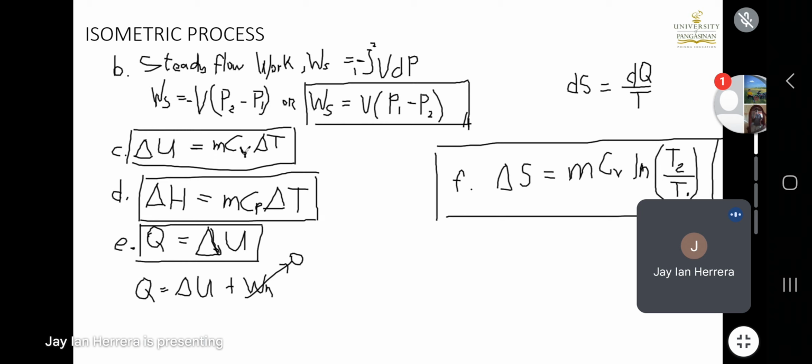Since the flow work is 0, this is equal to delta U. Since nothing escaped or flowed, technically Q is delta U under an isometric, or constant volume, process.